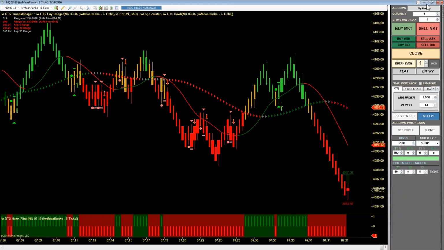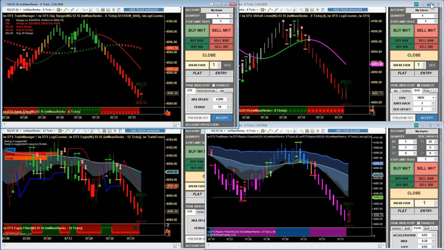So it does seem as though the sellers have this market in hand at the moment. Well, we're waiting for something else to develop because everything is just kind of sideways now. Yeah, not much going on.